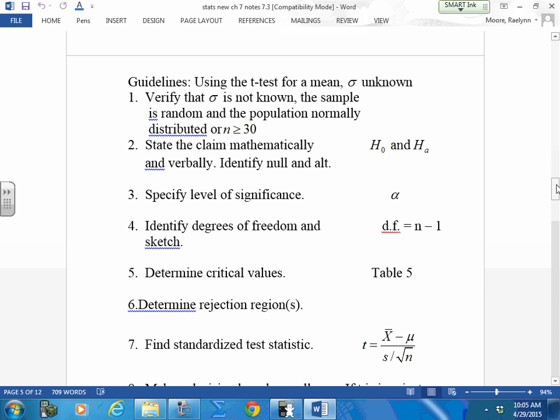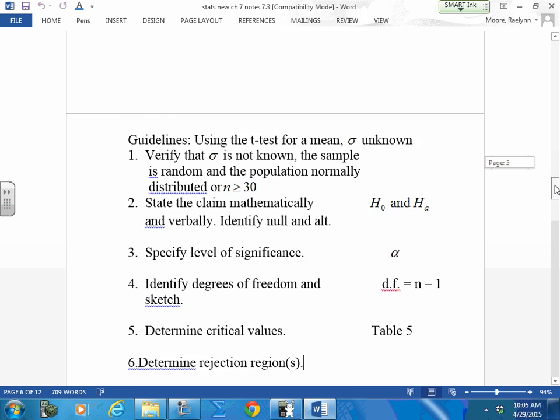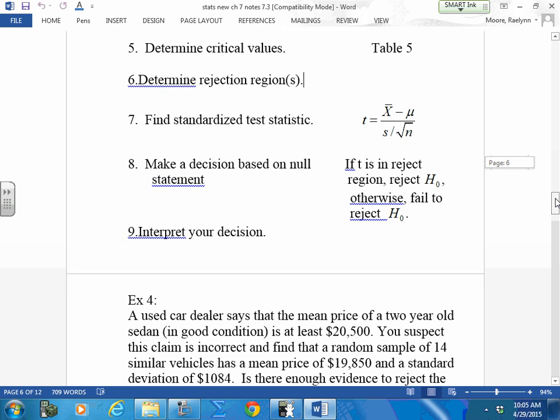We state your claim as we did before. We specify your level of significance. We find your degrees of freedom, we sketch, we find your critical values, we label your reject region, and we find your test statistic. And we interpret your decision.